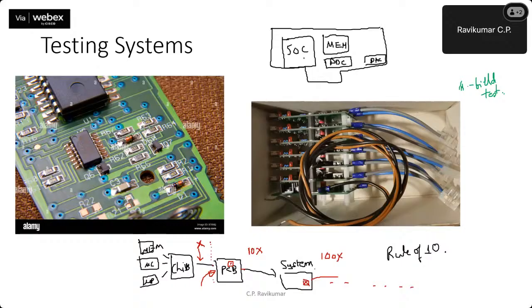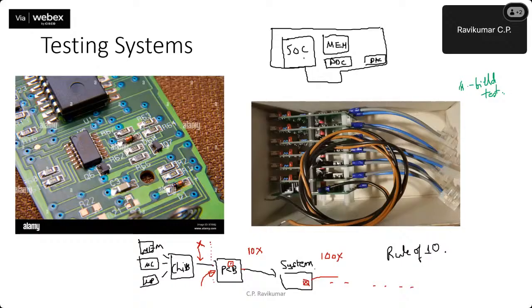And there is no tester available. There is no expensive equipment available to check whether the PCB or the IC is bad. So some sort of a test must be done, even though we are in the field and we don't have all the equipment with us.